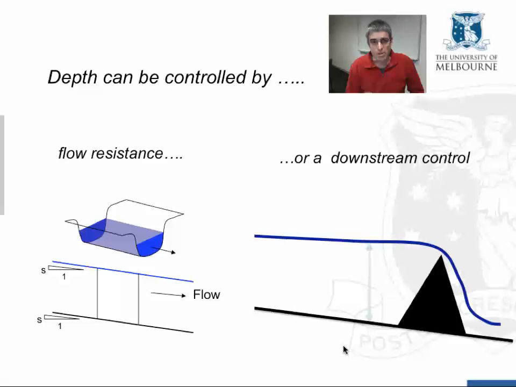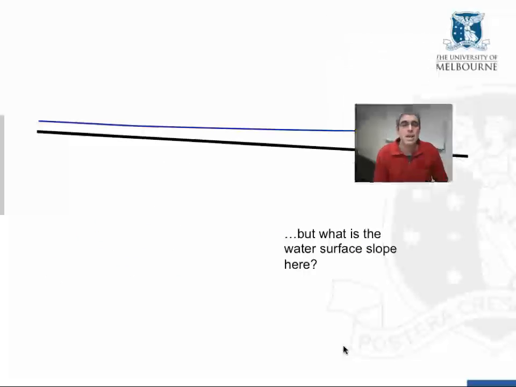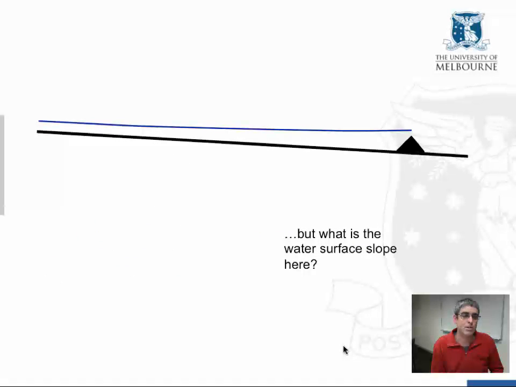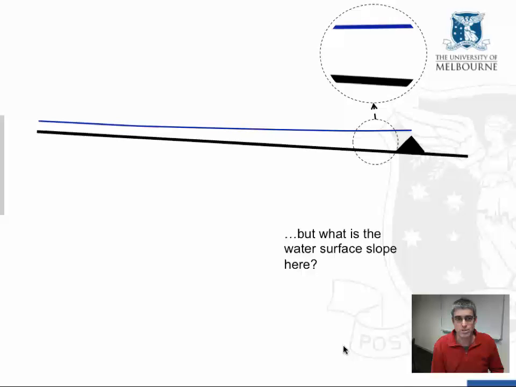In fact, the normal situation in most open channels, predominantly along the length of the open channel, is for both flow resistance and a downstream control to determine the water levels and flow velocities.